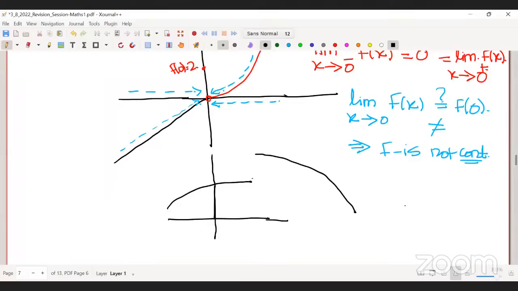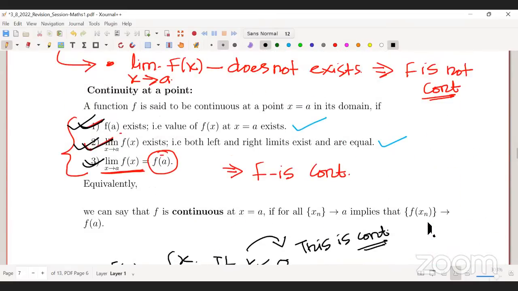The left hand limit you will get is this number, and the right hand limit you will get is this number. So the right hand limit and left hand limit are different. In that case, from step 2 itself, you can say that the limit doesn't exist. That's why the function is not continuous. Like the greatest integer function.